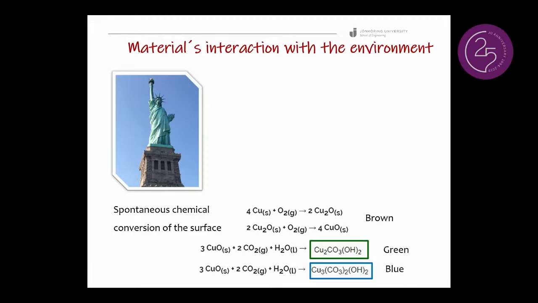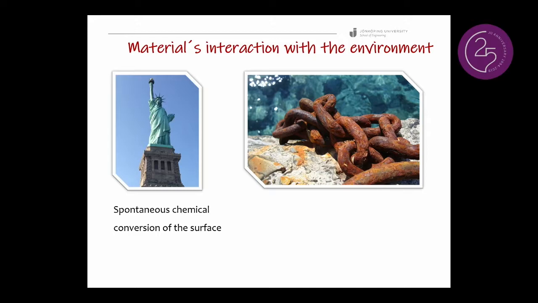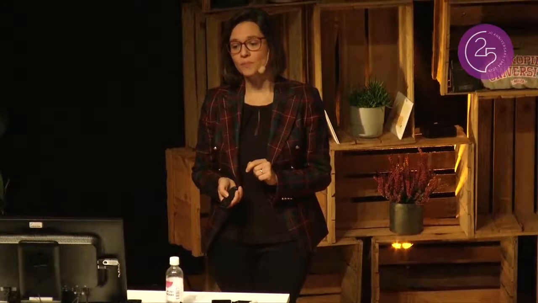But other metals interact in a similar way, but the result is totally the opposite. If we consider what happens to iron or steel in the same conditions, the surface appearance is what we call rust. It's not nice to see, and not only not nice, but not protective at all. Imagine that the Statue of Liberty, from 1886, more than 100 years, lost only 0.1 millimeter of the thickness of the surface.